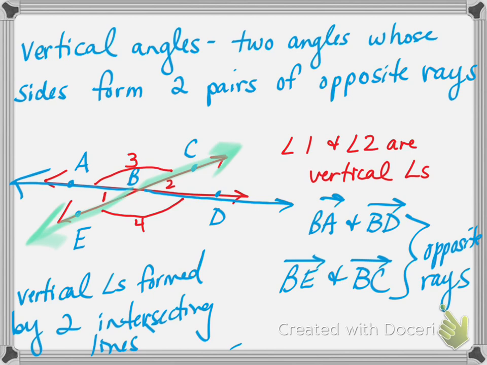Those are also vertical angles. This set of opposite rays is one set of sides for angle 3 and angle 4. And this set of opposite rays is another set of sides from angle 3 and angle 4. So, intersecting lines are going to give you actually two sets of vertical angles. 1 and 2 are vertical angles, and angle 3 and angle 4 are vertical angles.